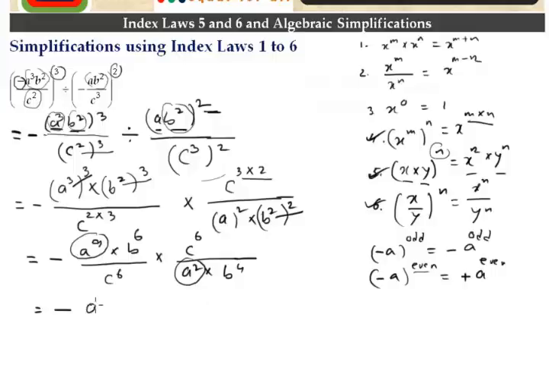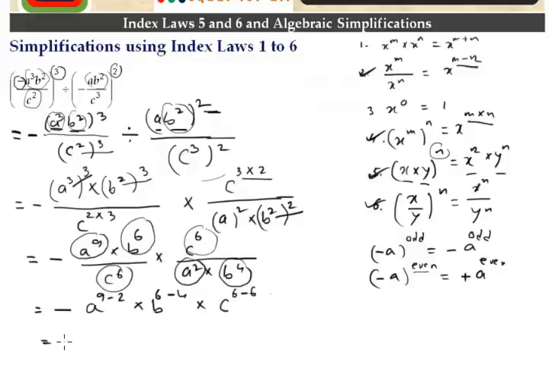So we will get a to the power, using the division formula, x to the power m divided by x to the power n, same base division, power will subtract, so we will get 9 minus 2 times b to the power 6 and b to the power 4, they are also division, so using this formula we will get b to the power 6 minus 4, and c to the power 6 and c to the power 6, we will get c to the power 6 minus 6.